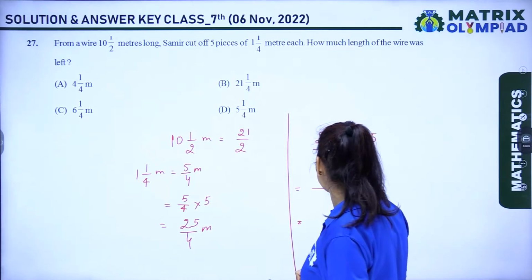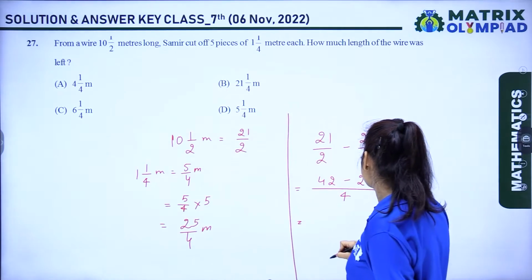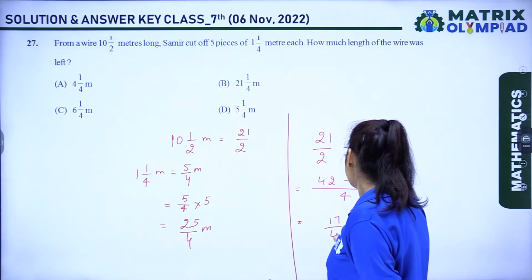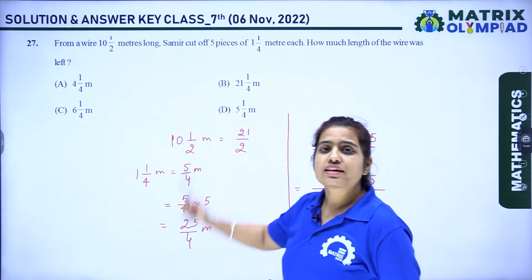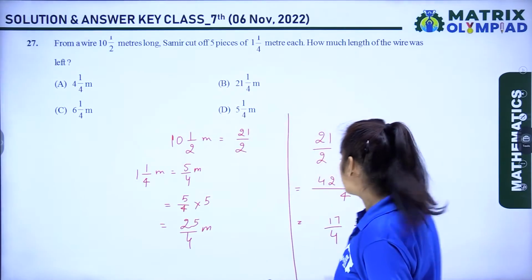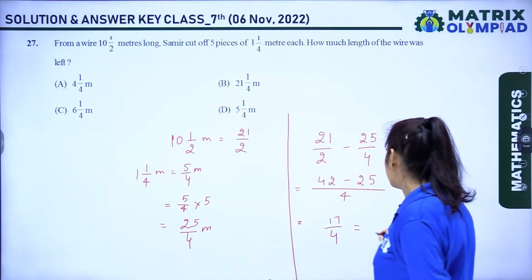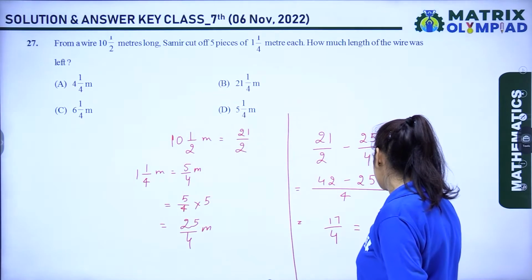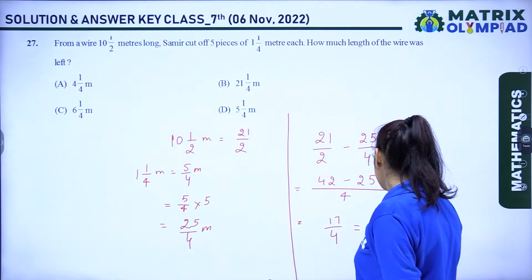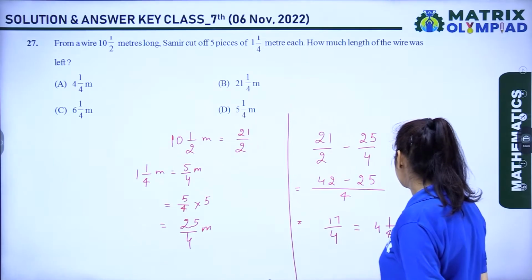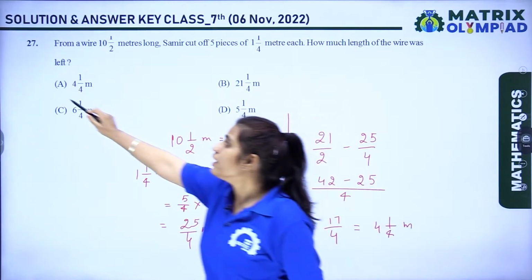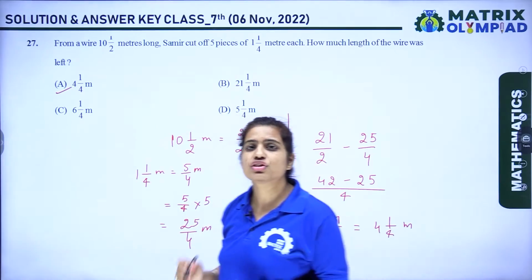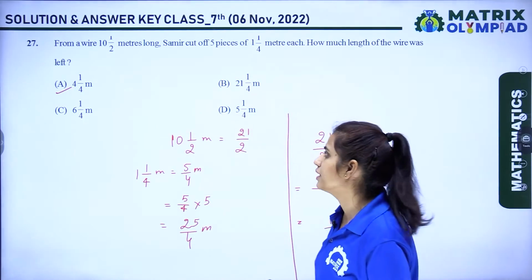So after subtracting 42 minus 25, we get 17 upon 4. As we know that our options are in mixed fractions, we will convert this 17 upon 4 meter into a mixed fraction and we get 4 1 by 4 meter. So here option A is the correct answer, which is 4 1 upon 4 meter.